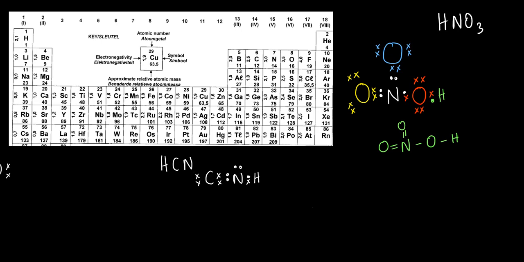So in this case here, what carbon will do, it can also do a triple bond and then one here, so that one will be for hydrogen and the remaining will be for nitrogen. Ooh, what a beautiful structure. HC triple bond N.